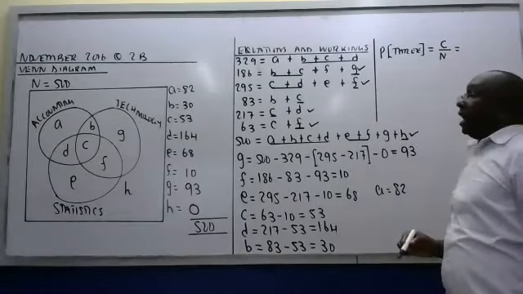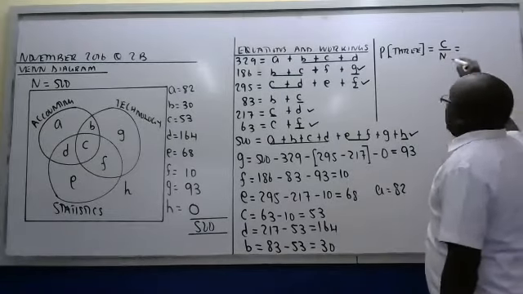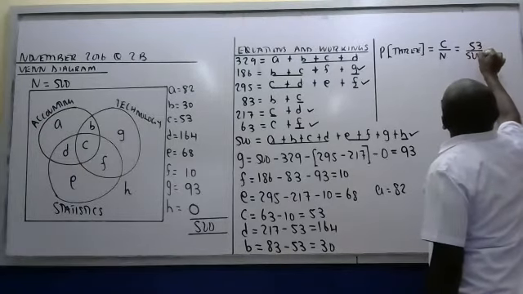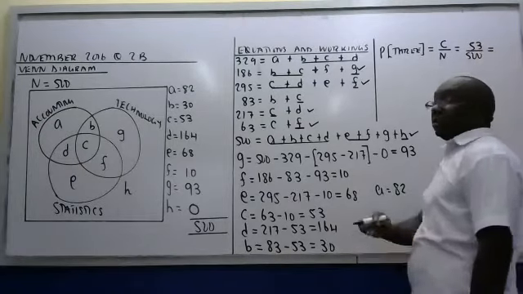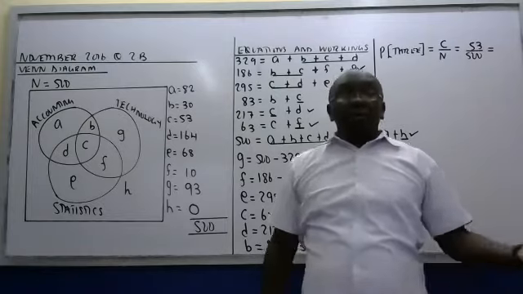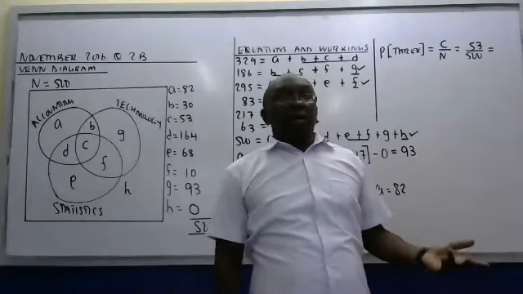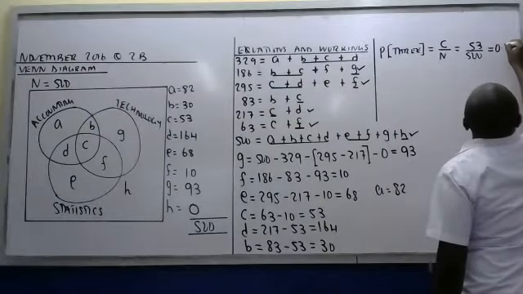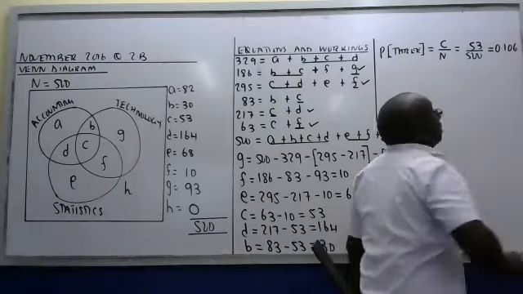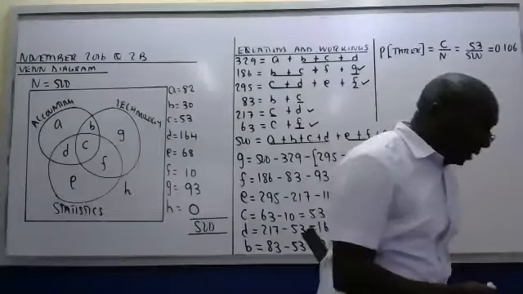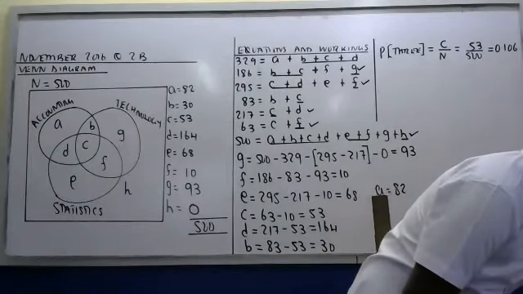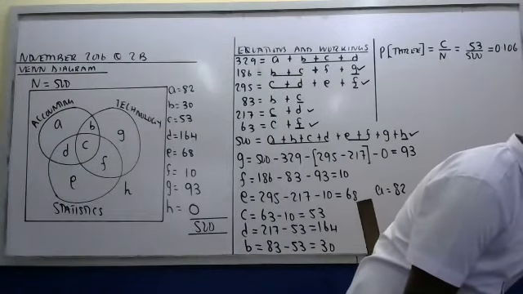N. So C will be 53 and N is 500. You are already through that? 0.106. Good.